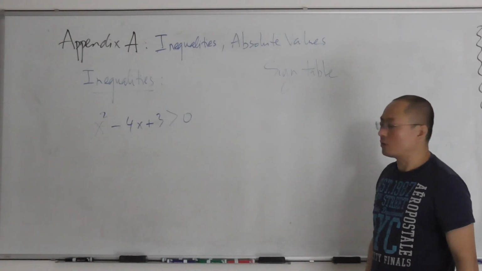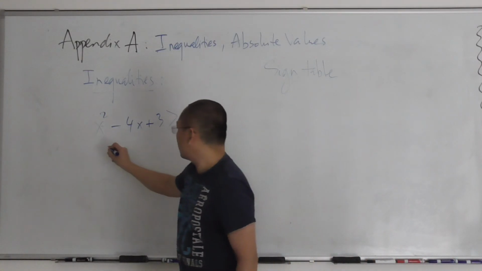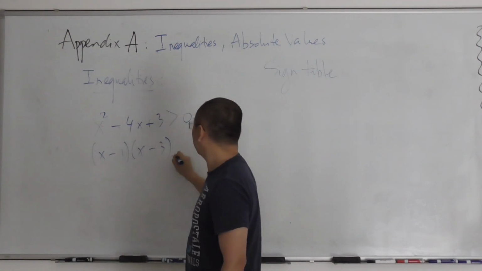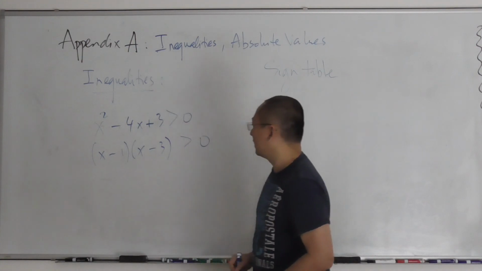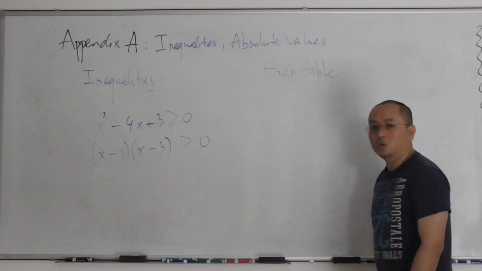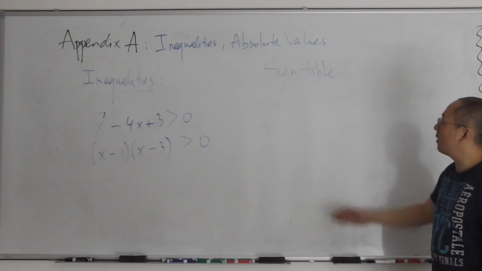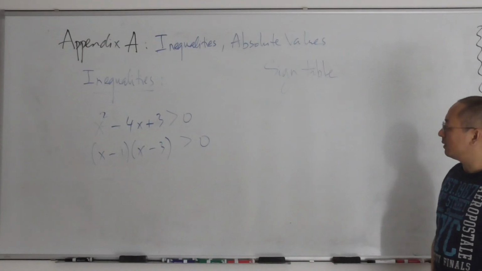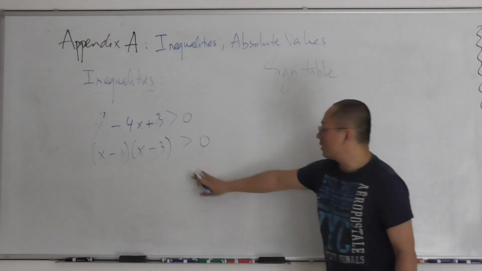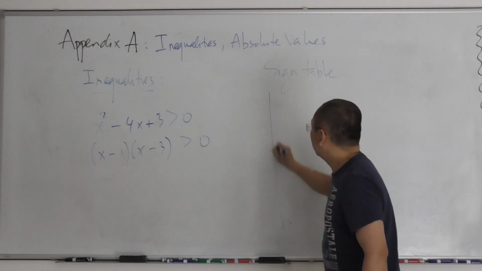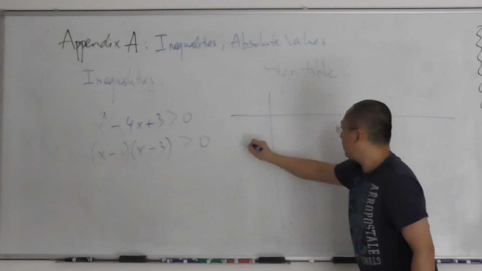This is a quadratic expression. So this is x minus 1 times x minus 3 to be greater than 0. What you see in here is a product of two linear factors. And I'm going to apply the sign table one more time to solve this problem. This time, instead of having just one linear factor, I have two, but the idea is the same. So my table is a little bit bigger.